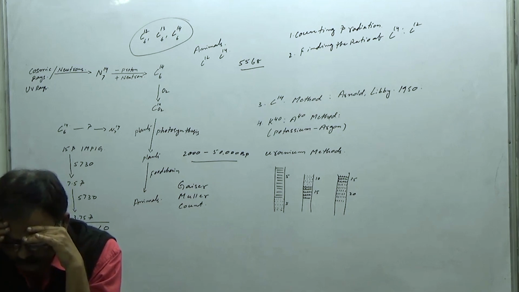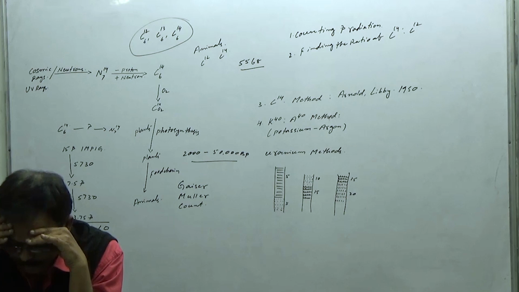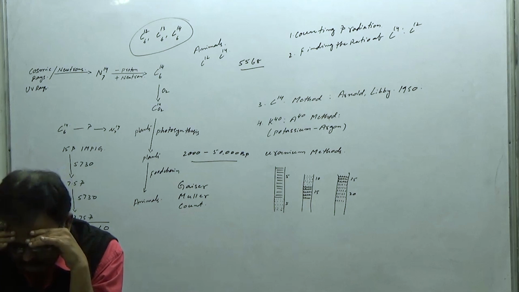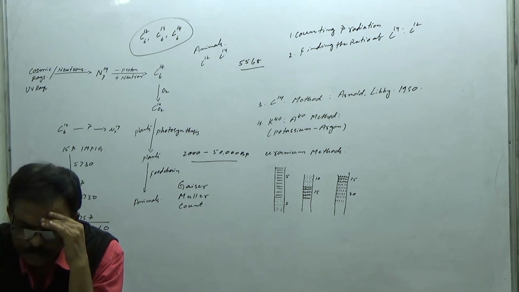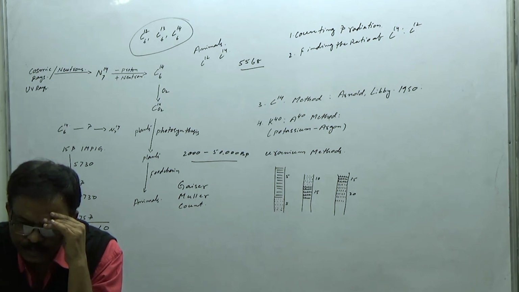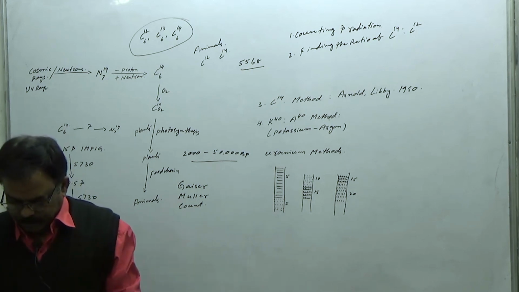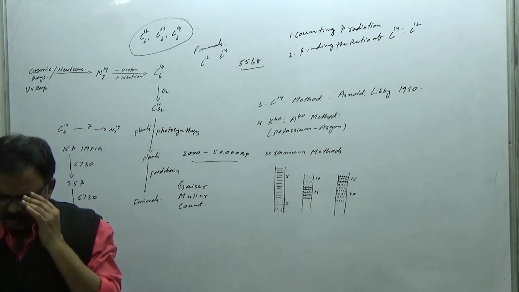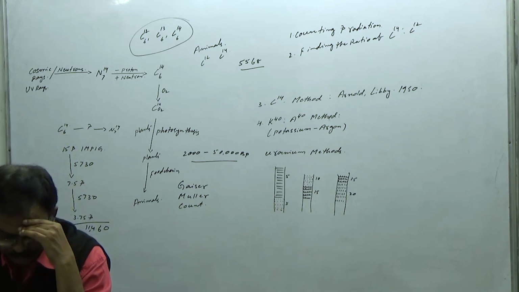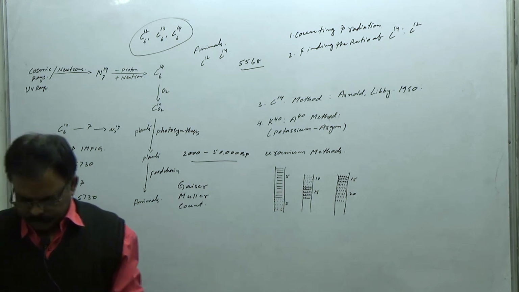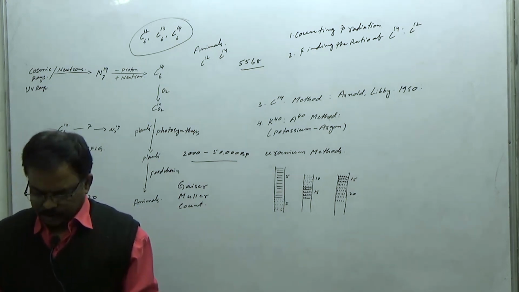This is known as half-life. On the basis of this half-life and the C14 to C12 ratio, technicians analyze the age of the fossil. Clear.